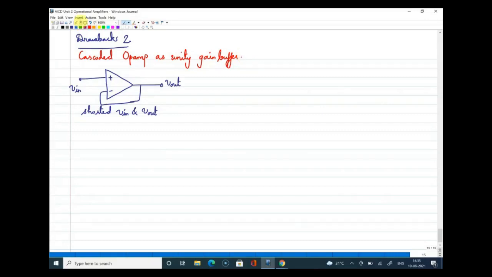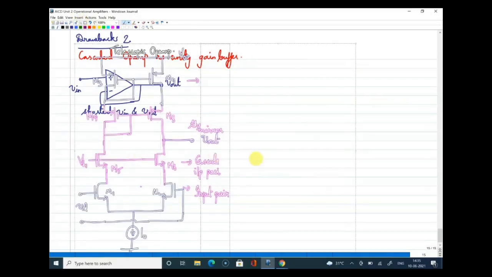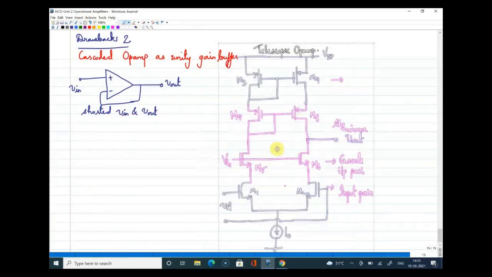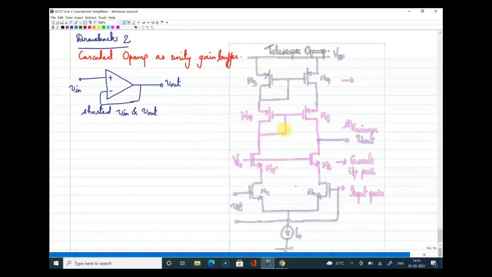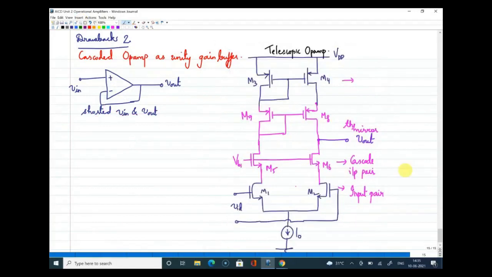So for that, let me bring this structure here. What you can see here is single ended.